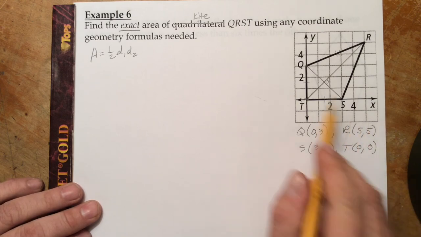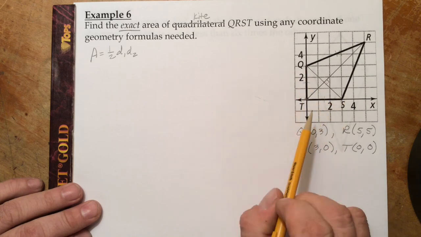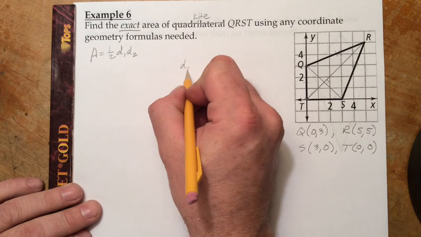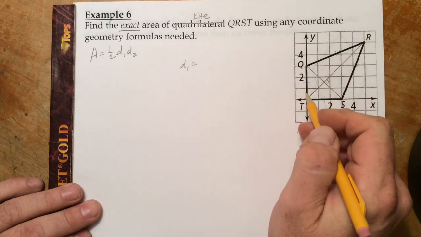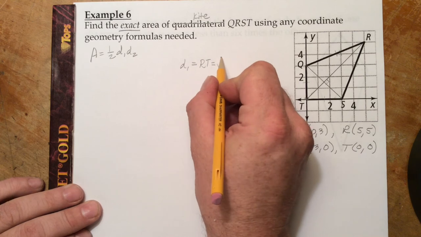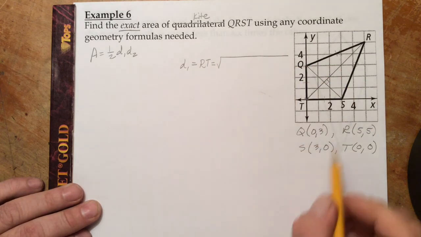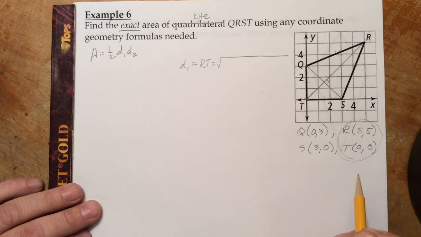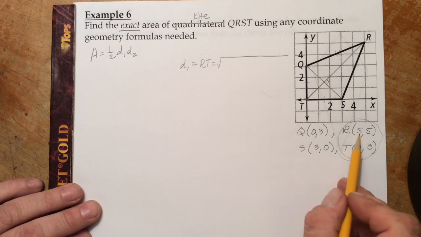So our diagonals are QS and RT. I'm going to start with diagonal 1, RT. That's equal to the distance formula. If we're going to use RT, we use these two points right here. I'm going to let T be my first point, and this be my second point.